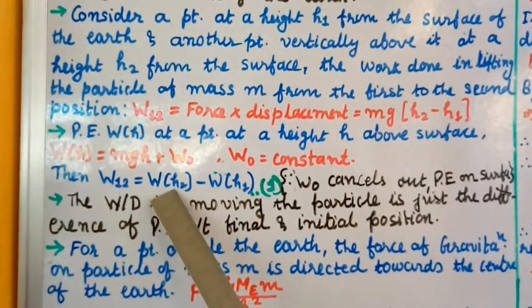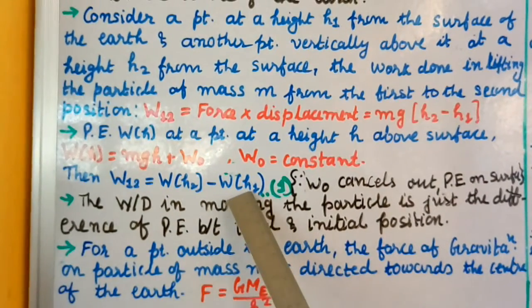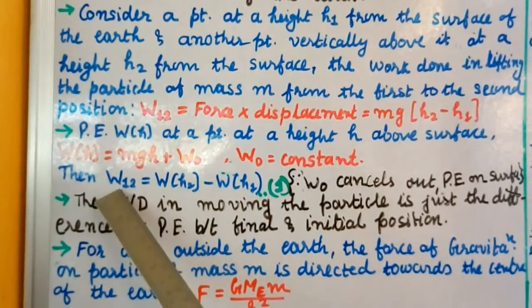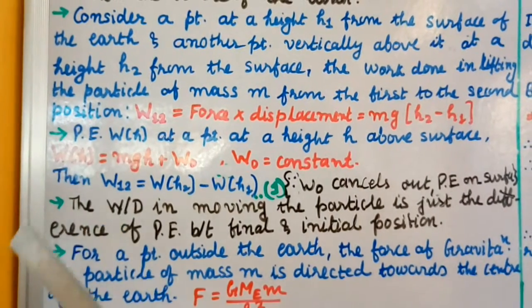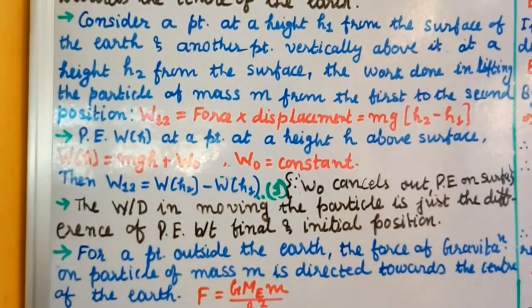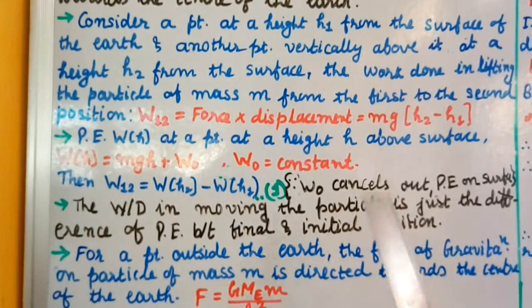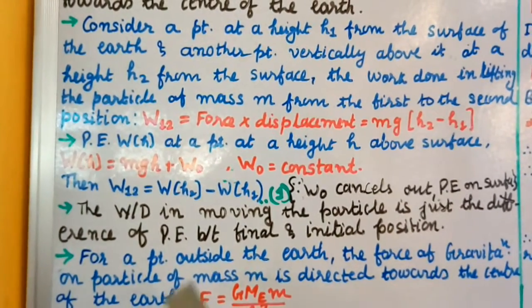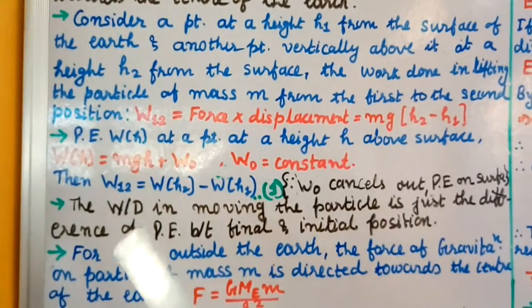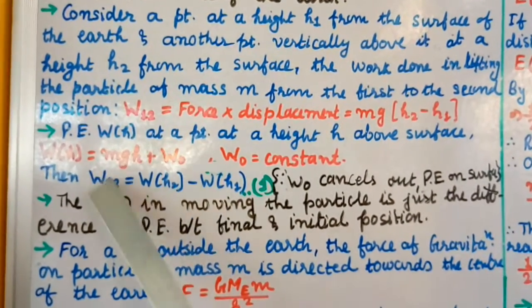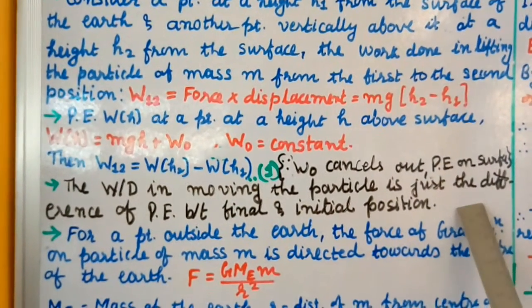So work done in lifting the particle from one height to another, h1 to h2, is nothing but the difference of the potential energy between the final and the initial position. Okay, so this equation is just written in words.